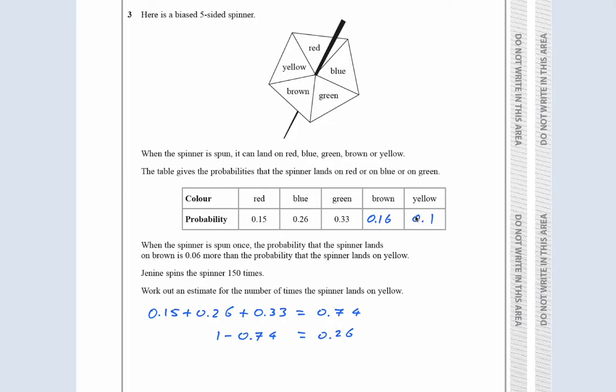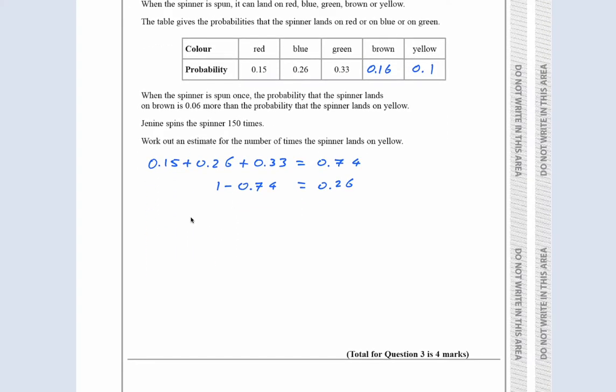So you can figure it out in your head. If you want to do it the more technical, algebraic way, you'd say yellow is x and brown is x plus 0.06.